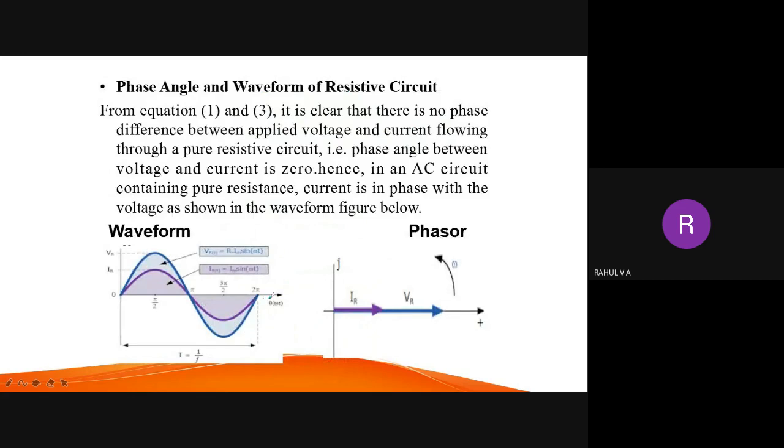And looking at the phasor, since both are rotating at the same angular frequency, you can see that the phasor of current is drawn exactly on the phasor of voltage. There is no phase difference. But here also you can notice that there is a difference in magnitude because of that resistance.